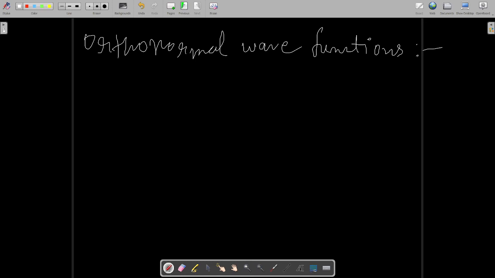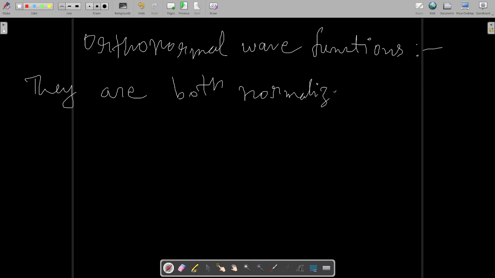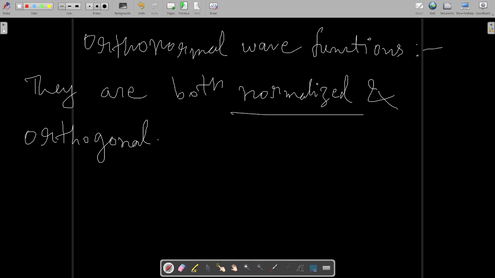Orthonormal wave functions are nothing but they are both normalized and orthogonal. If the wave functions are both normalized as well as orthogonal, they will be called orthonormal wave functions.